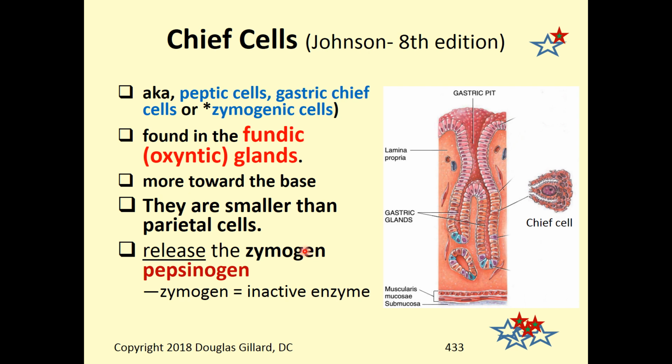Pepsinogen is what they release. Remember, we just said hydrogen ion converts pepsinogen into pepsin, and remember, once pepsin is created, it can auto-convert its own zymogen into pepsin as well. So hydrogen ion and pepsin convert pepsinogen into pepsin.